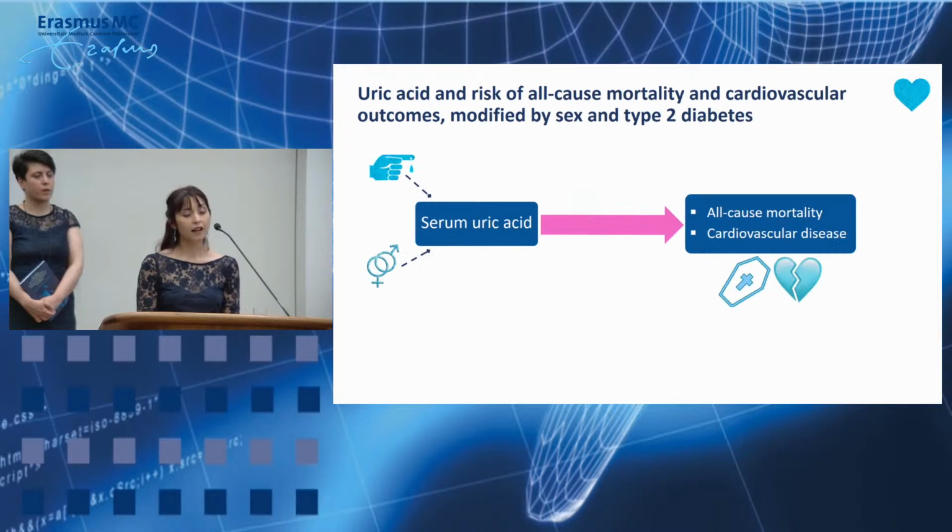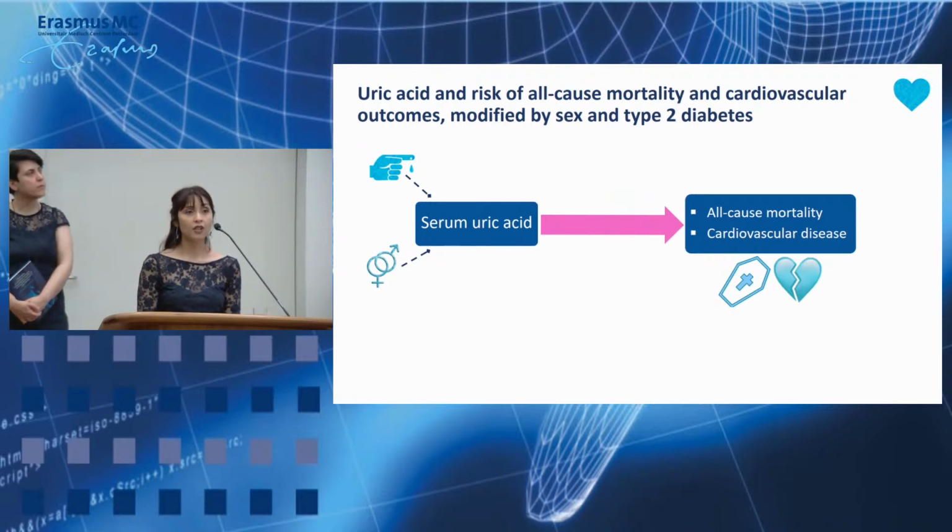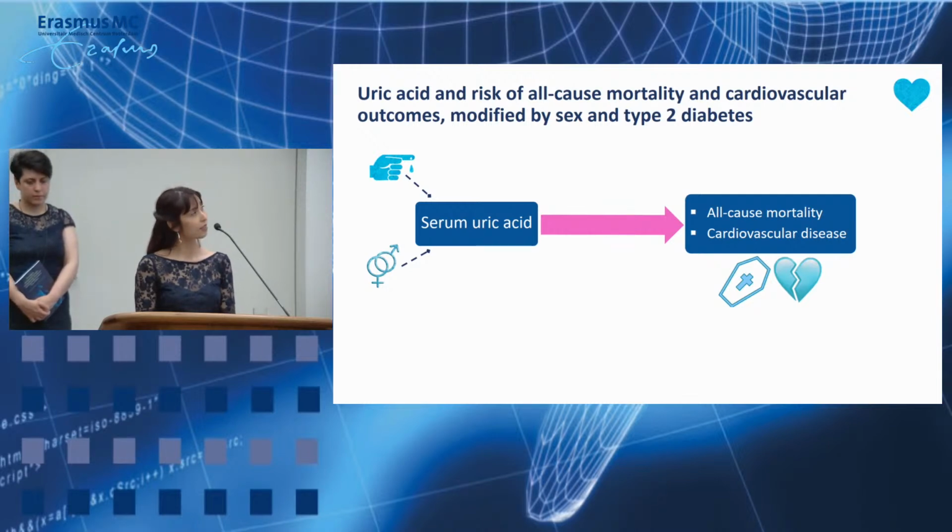Then we studied uric acid and premature mortality in cardiovascular disease. And also we studied here whether type 2 diabetes status and sex could have a role modifying this association potentially.